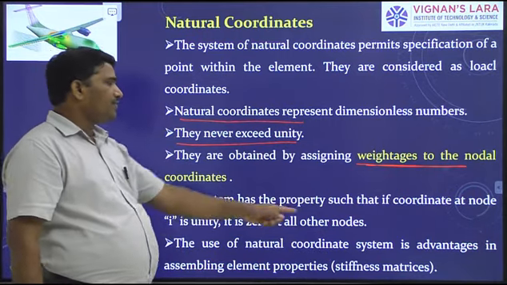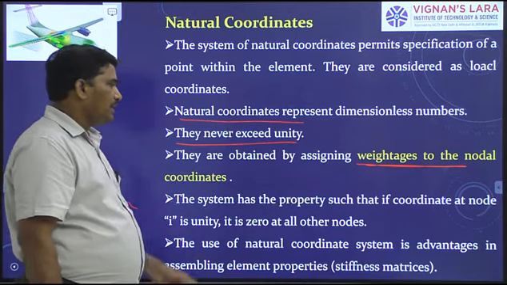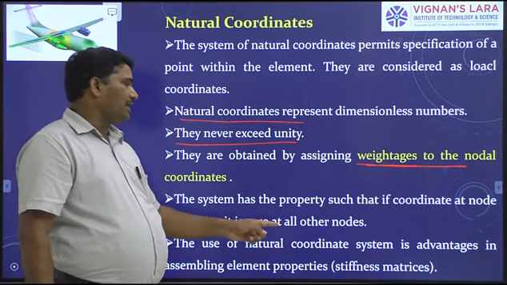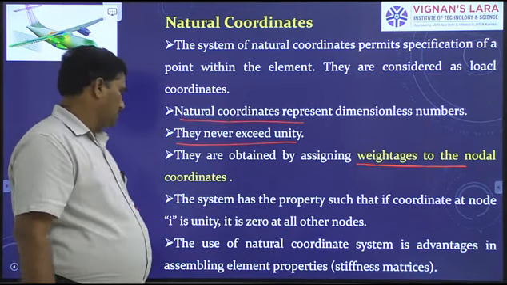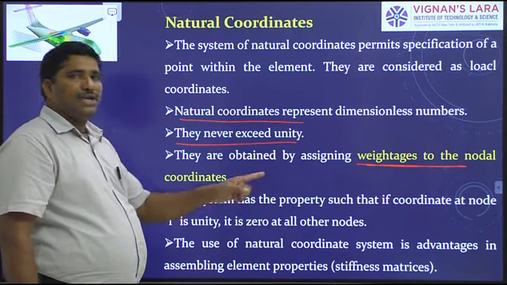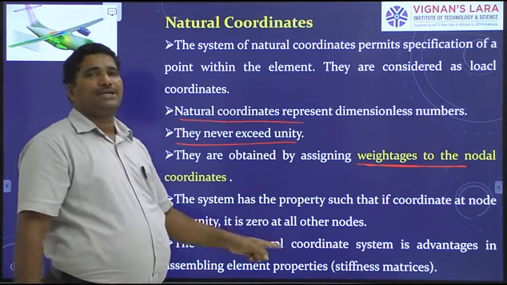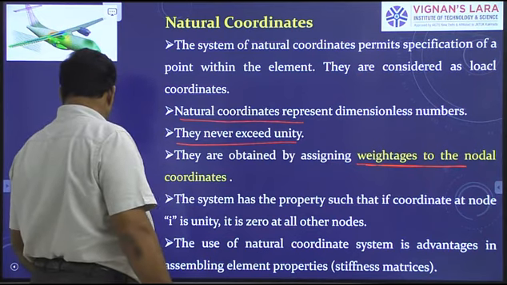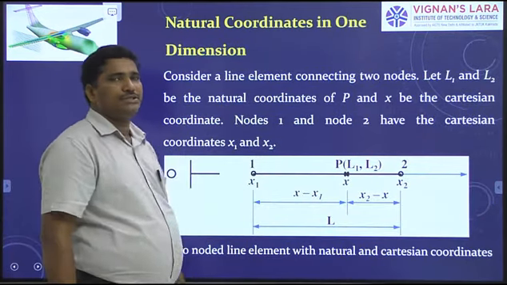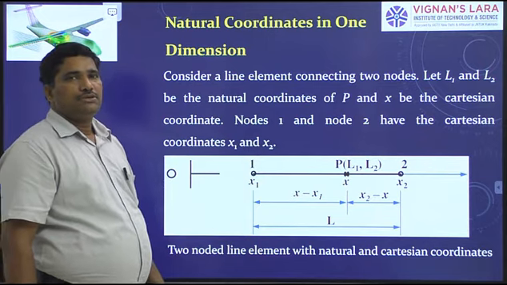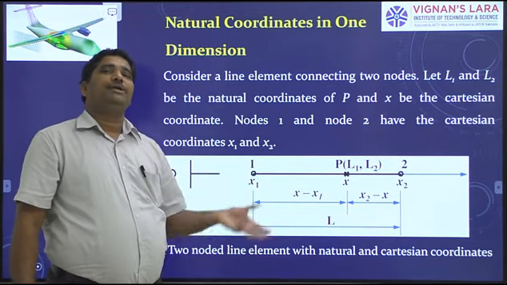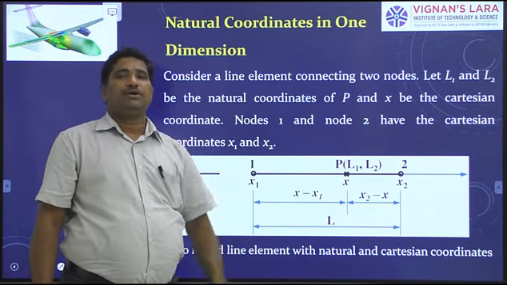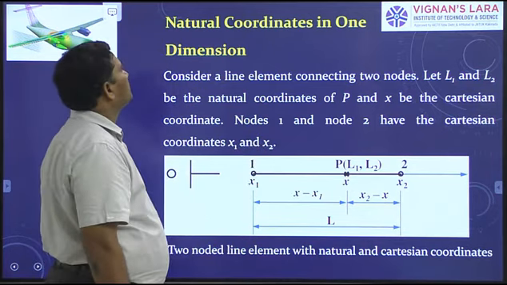The use of natural coordinates is observed in assembling the element properties for global properties. You can use the natural coordinates for preparing the element properties, and the element properties are assembled for global properties.